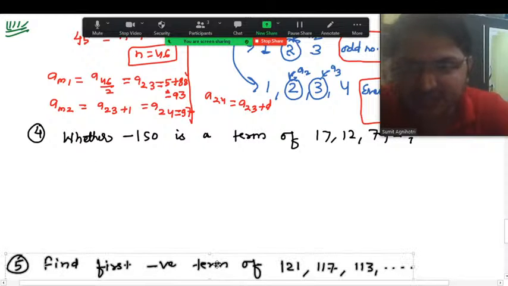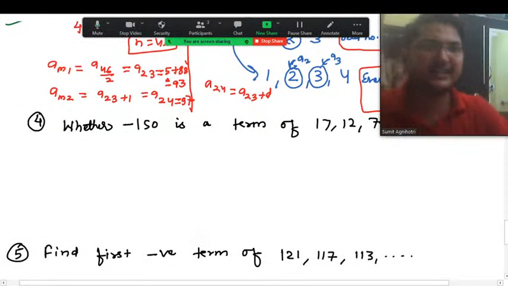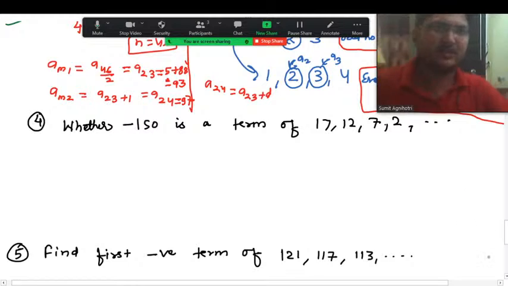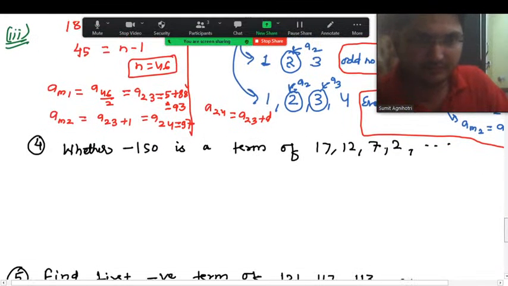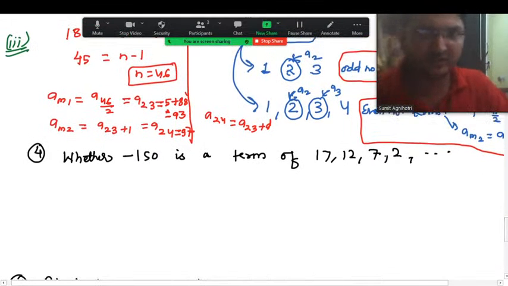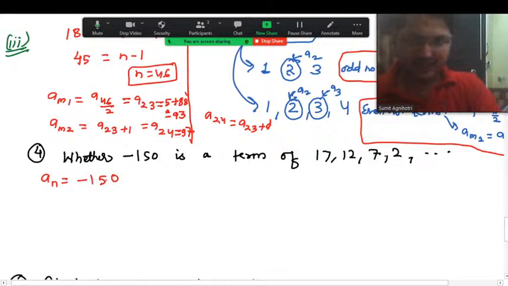How will you check whether minus 150 is any term of this sequence or not? How will you figure it out? You just assume that nth term is minus 150. And if you want to find out nth term, you need to apply the formula a plus n minus 1 into d.